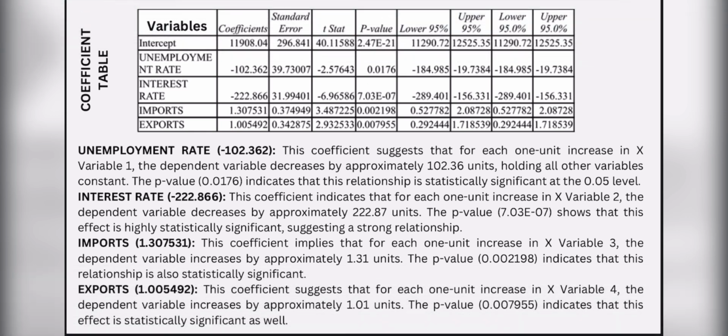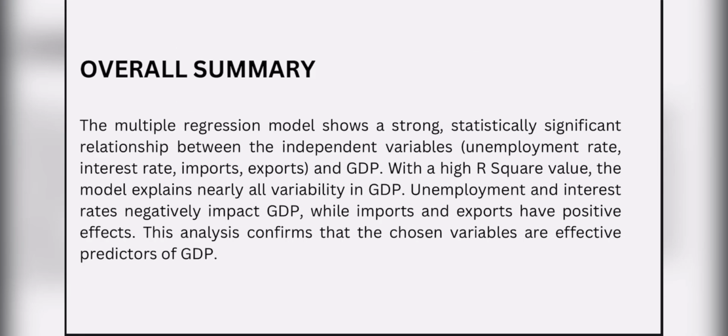Moving on to the next slide, we have an overall summary. The multiple regression model shows a strong, statistically significant relationship between the independent variables, unemployment rate, interest rate, imports, exports, and the dependent variable, the regressand GDP.